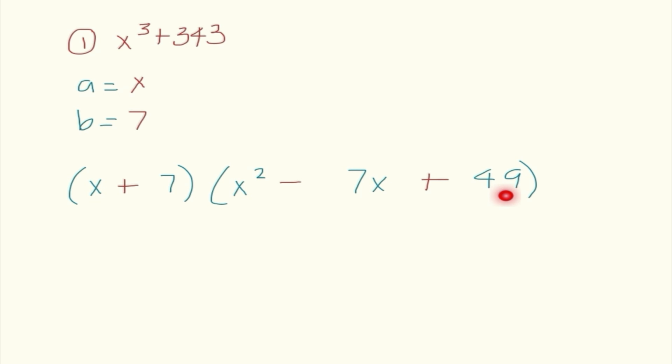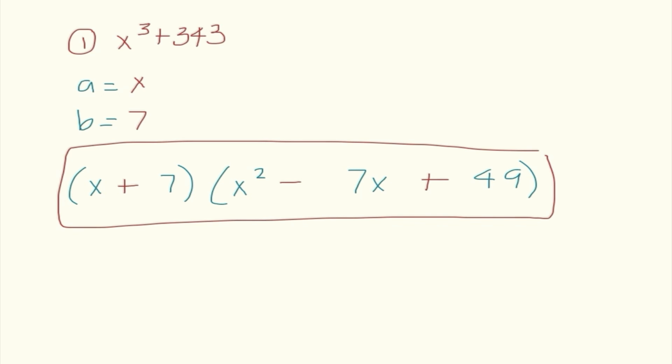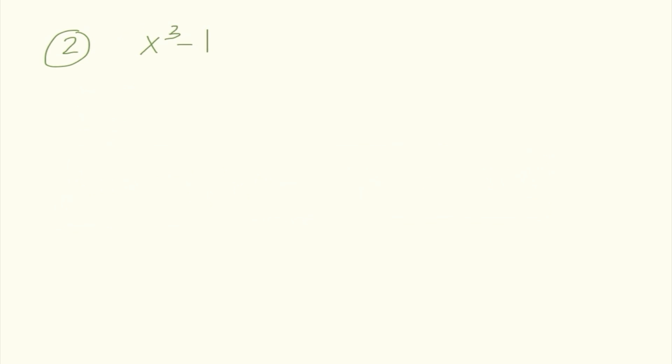And I'm letting you know whenever we factor using this difference or sum of cubes, this trinomial here is never factorable. In fact, if we use the discriminant, we would find that those answers are going to be imaginary. x plus 7 times x squared minus 7x plus 49 is our final answer.